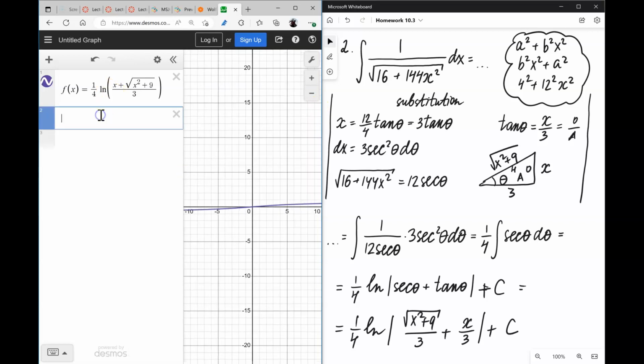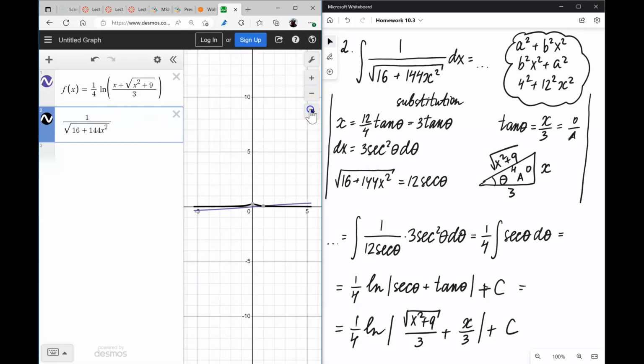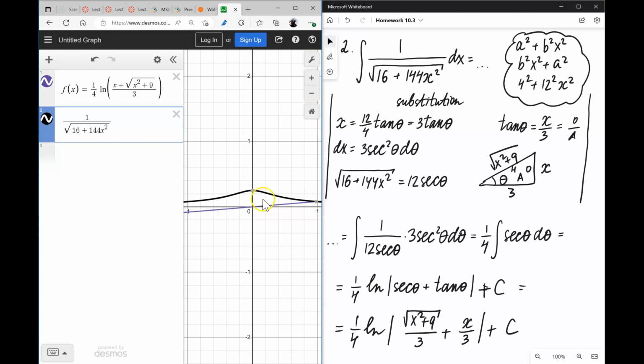Now what I'm going to do is graph the integrand. This is the integrand. And now the derivative of our supposed antiderivative should be equal to the integrand.